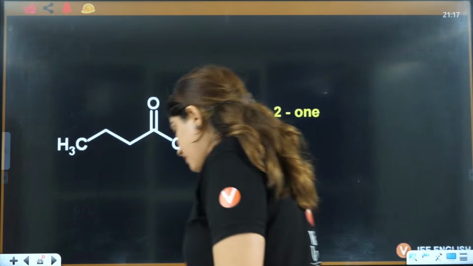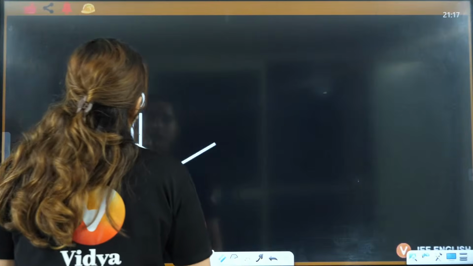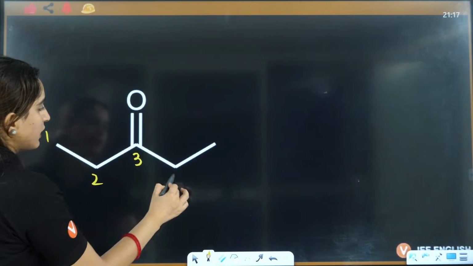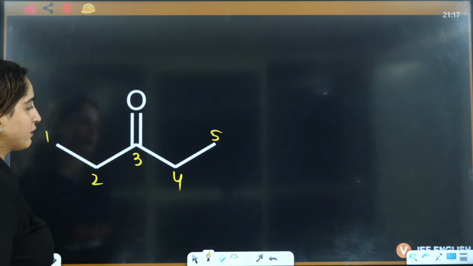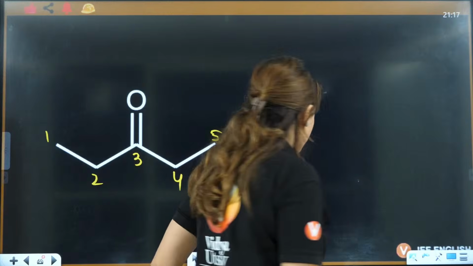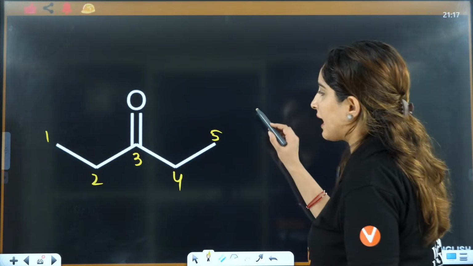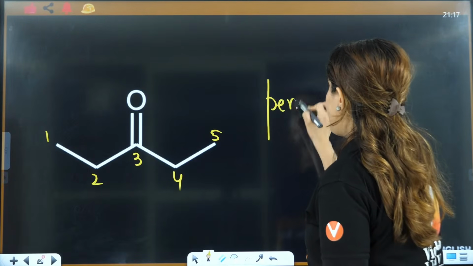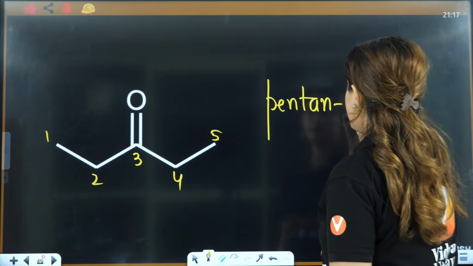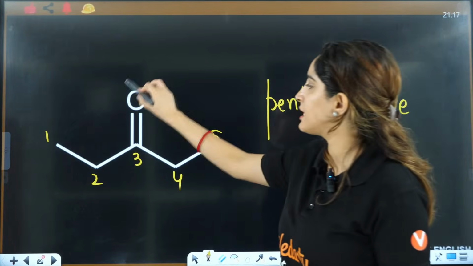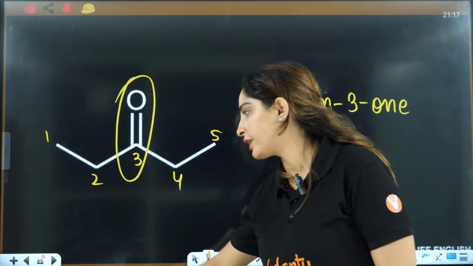Okay, yes everybody. Now let's see the next one, this one. Here it is 1, 2, 3, 4 and 5. Now here what you will write, everybody in the chat box? Here you will write pentane-3-one, because on the third position you have this C double bond O, that is your ketonic group.